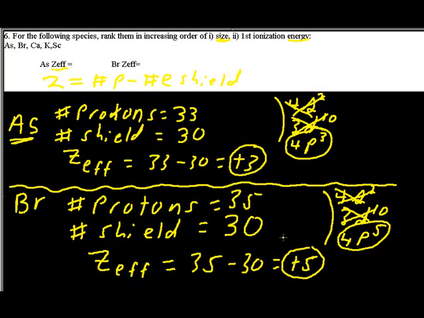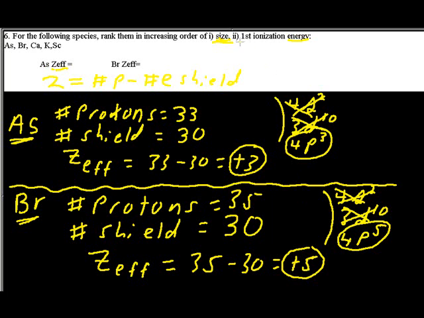So what I would say is that bromine, because it has a bigger ZF number, the size of the bromine atom is smaller than the size of arsenic, because the pull on the outside electron is stronger, reducing its radius.